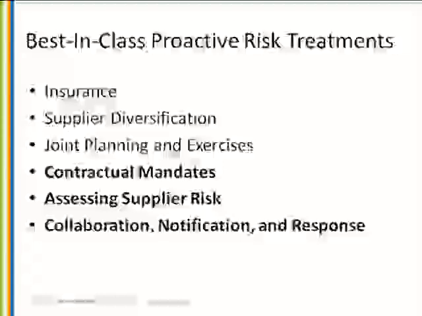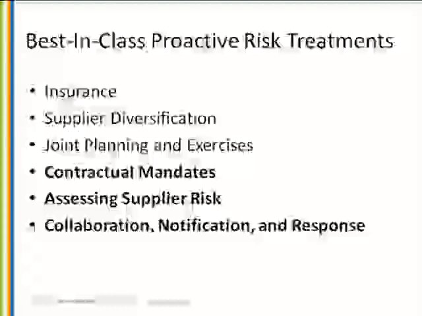Where possible, organizations have applied supplier diversification tactics, especially for extremely important products and services, where diversification makes sense financially, or where there's the possibility of engaging a second supplier. A third proactive risk treatment that's utilized effectively, but as we saw in the statistics, not as much as it should be, is the use of joint planning and exercising of business continuity arrangements between two organizations.